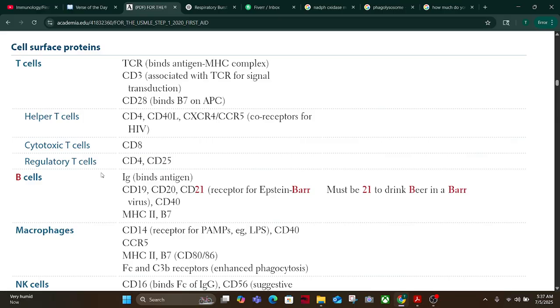CD21 is a receptor for Epstein-Barr virus.